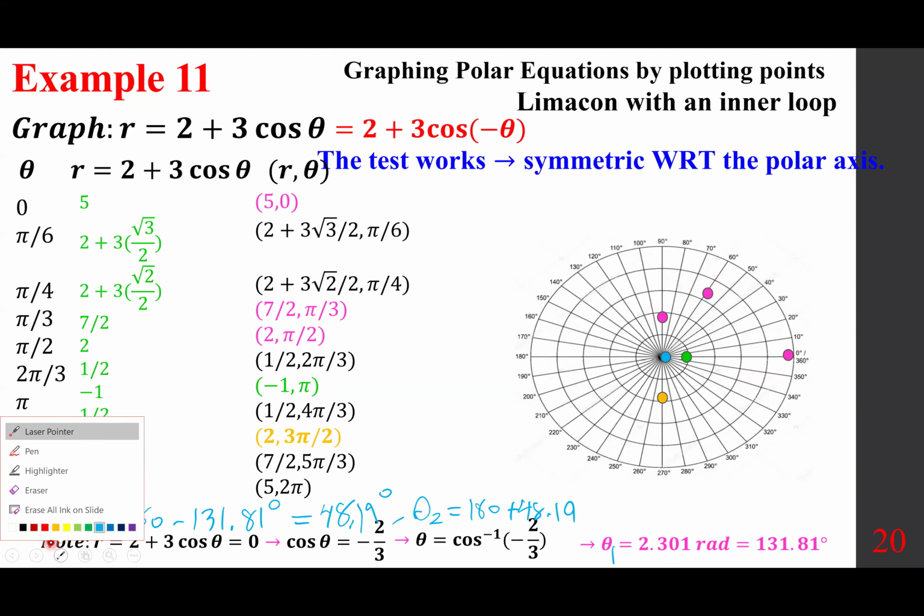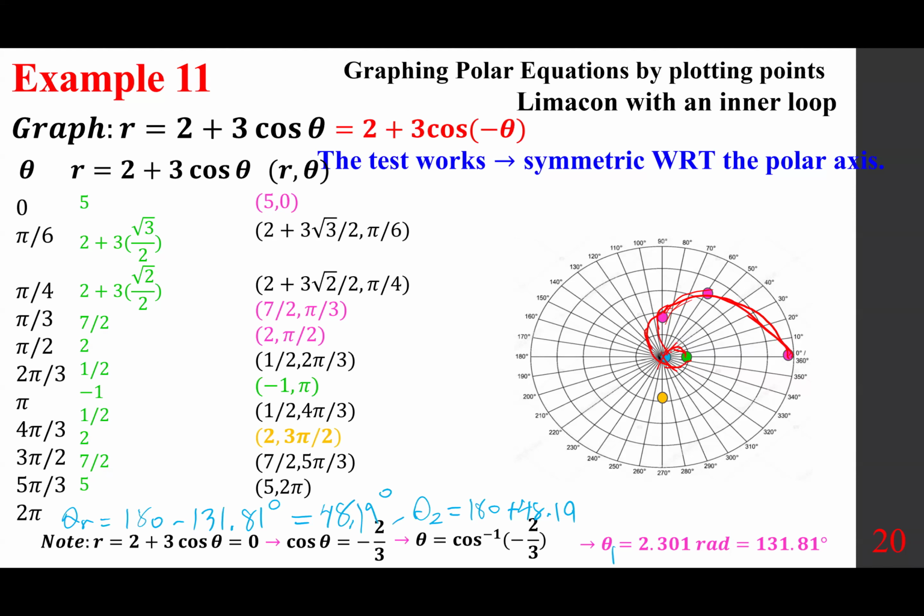Which means if we were to graph it, let me see what color I can use. I'm going to try to graph it with the red one. So it's a curve, goes through those, and goes through that, and that one.